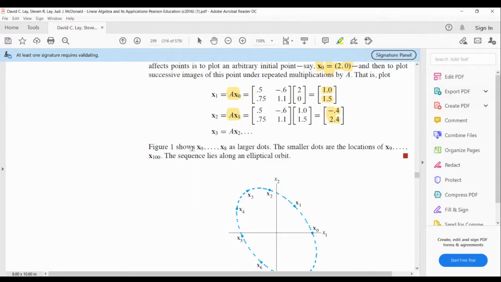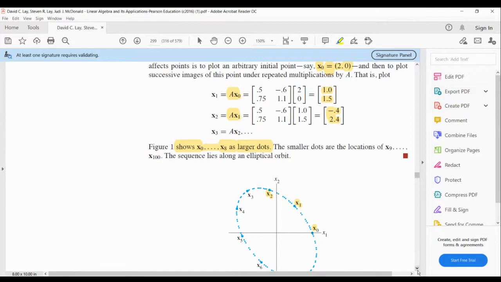So they show in this figure the coordinates. The first coordinate was 2, 0, right there on the x1 axis. The next coordinate is 1.0, 1.5. That looks about right. And then the x2 vector is negative 0.4 and 2.4. There it is.